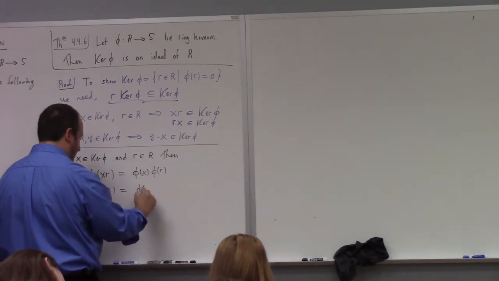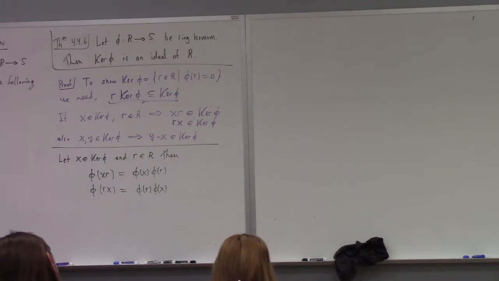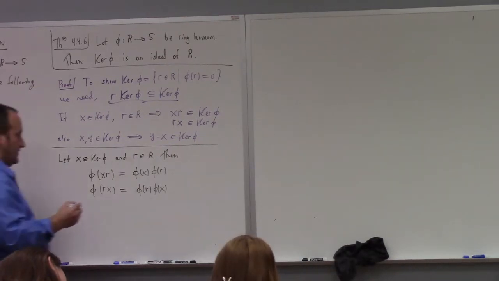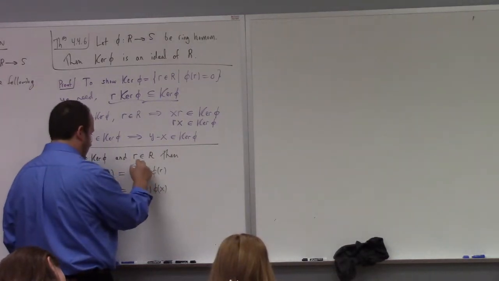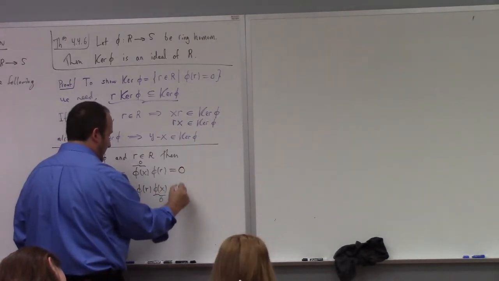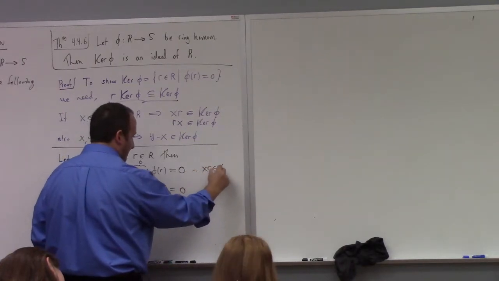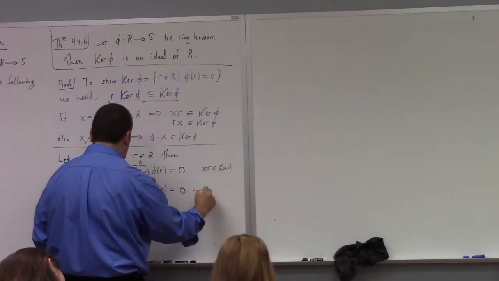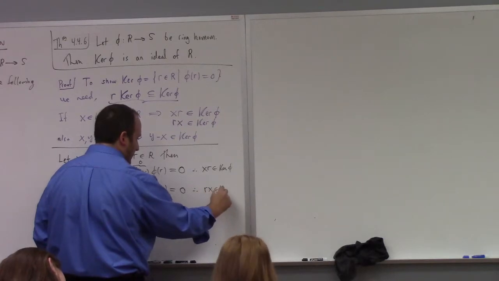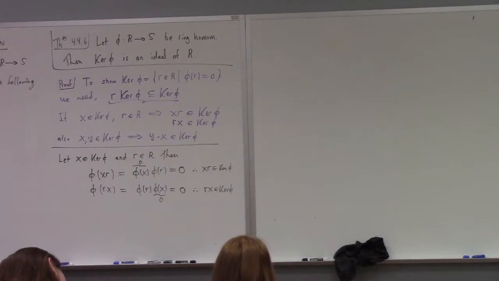By the multiplicative property of the ring homomorphism, it's phi of x times phi of r. But what do we know about phi of x? Because x is in the kernel, phi of x is 0. So this is 0, or that's 0. The product of 0 times anything is 0 again. So therefore xr is in the kernel, and therefore rx is in the kernel. And that's absorption closure, all right?